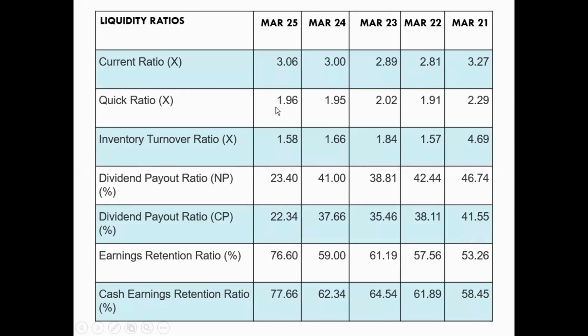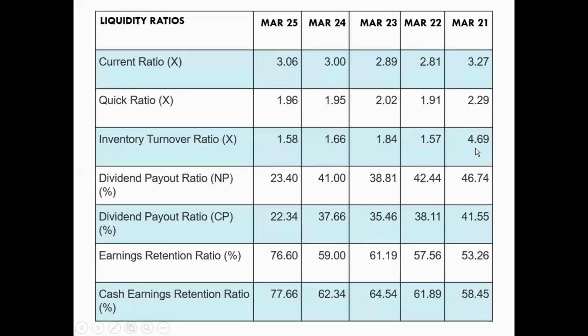Quick ratios are 1.86, 1.95, 2.02, 1.93, and 2.29. Inventory turnover ratio is 1.58, 1.66, 1.84, 1.57, and 1.63.